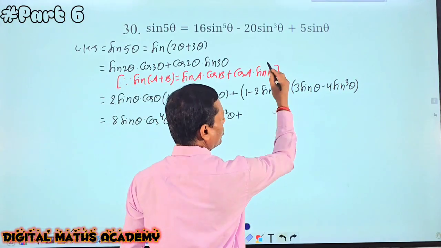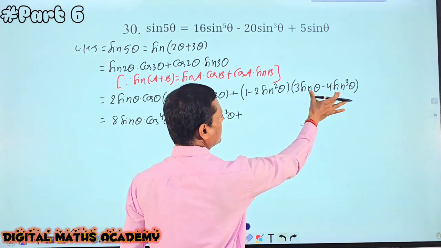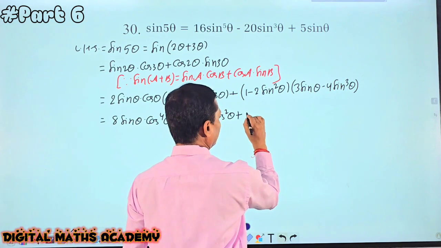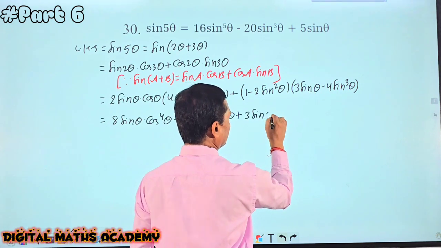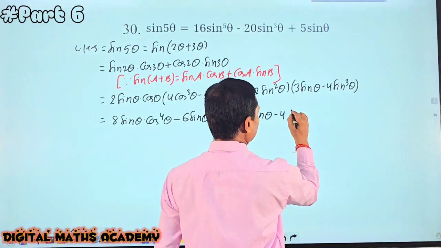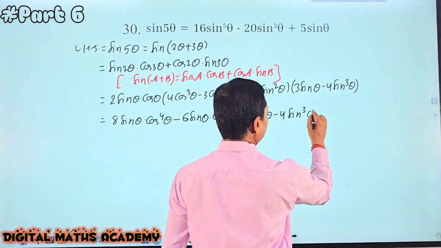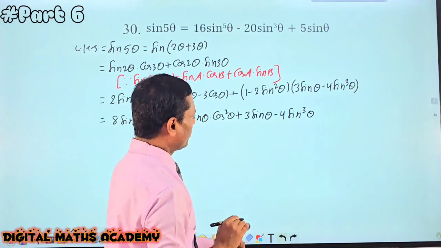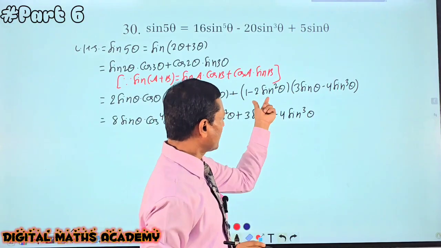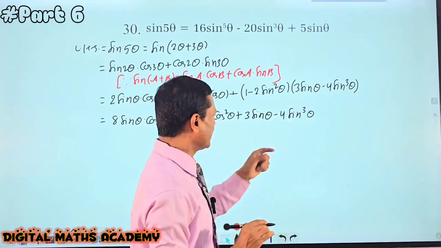So 1 into any number is the same number, so 1 into this part will be same as 3 sin theta minus 4 sin cube theta, right? But see carefully, when you multiply this factor by minus 2 sin square theta, sign will be changed.